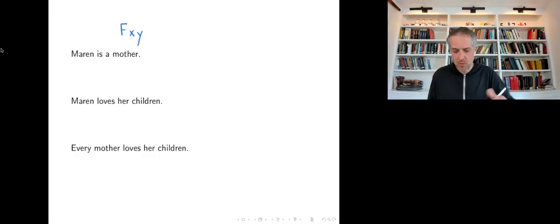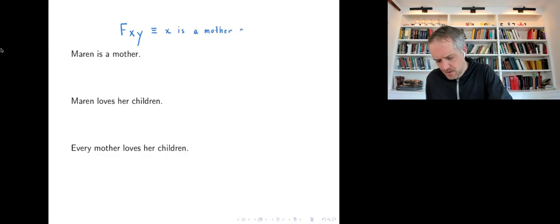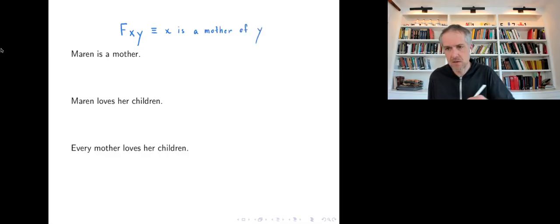So FXY will be X is a mother of Y. That's a weird way of speaking, because one can only have one biological mother, so we tend to use the phrase "the mother of." But I'm just going to say "a mother of," because the point is they stand in that relation where the first is the mother and the second is the child, or the offspring, of the first.